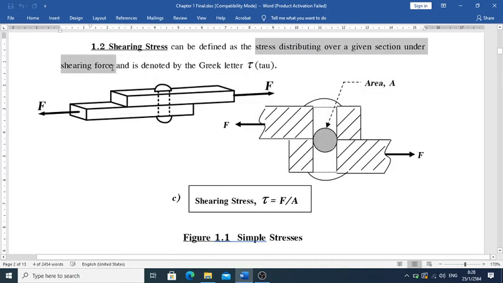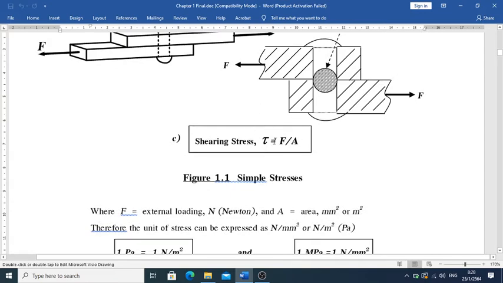In the figure, we have a force and a pin between two plates. The force F is parallel to the cross section of the pin. So tau is equal to F over A.